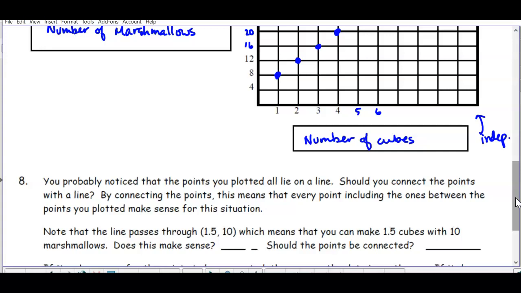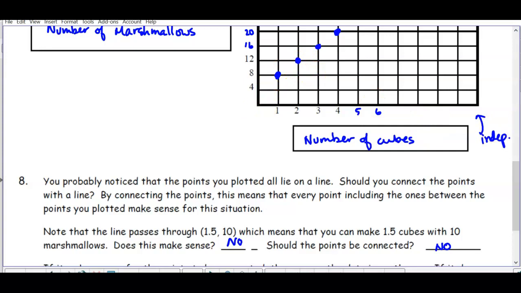Does that make sense? No. Okay. So should they be connected? No. So sometimes our relations are connected. Our table of values or our ordered pairs are just a sampling of all of the values that represent the relation. Sometimes we cannot join these up. Okay.